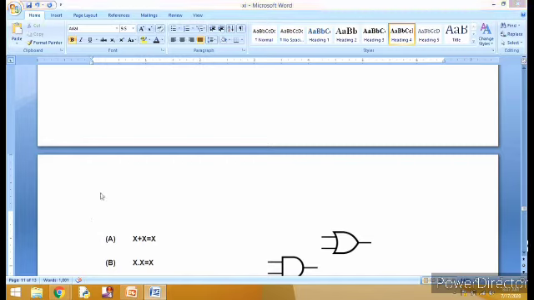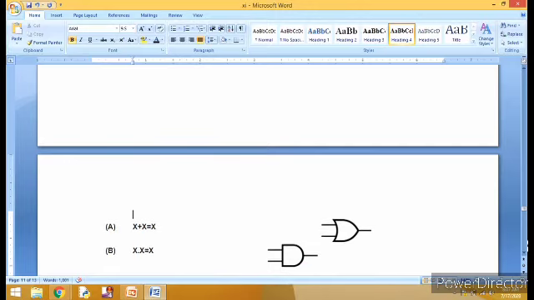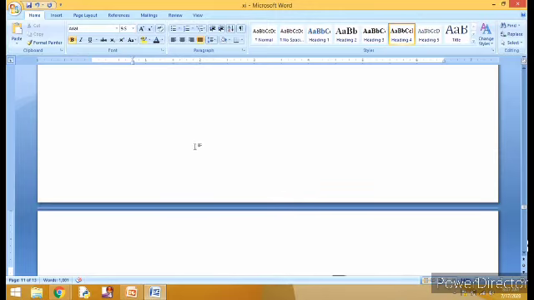So do you know what this rule or law is known as? The name is given for this law. It is known as the idempotence law.